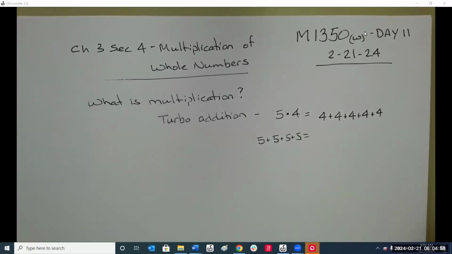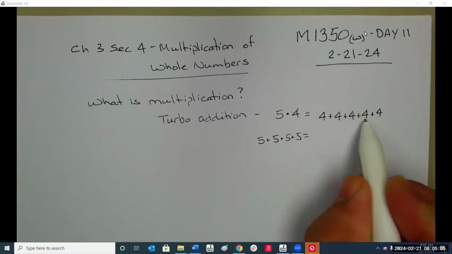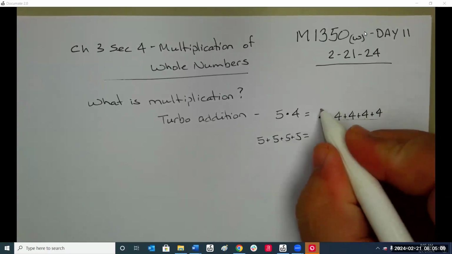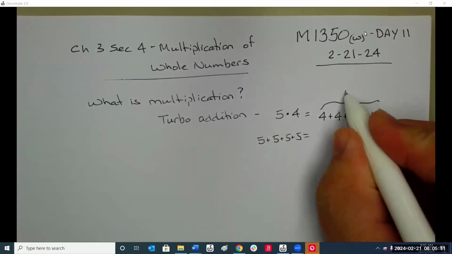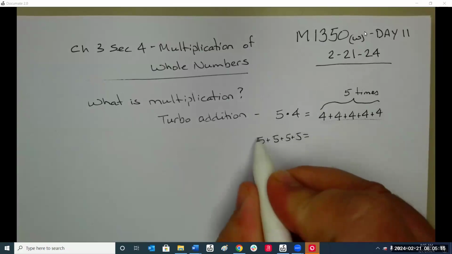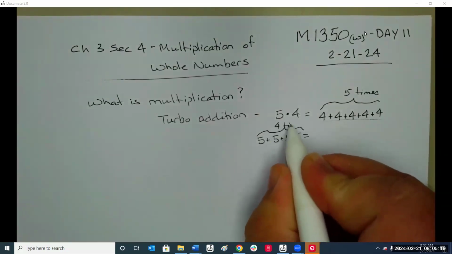We're going to talk about that later on in our properties. So 5 times 4 either means add 4 five times, or put 5 plus 5 four times.